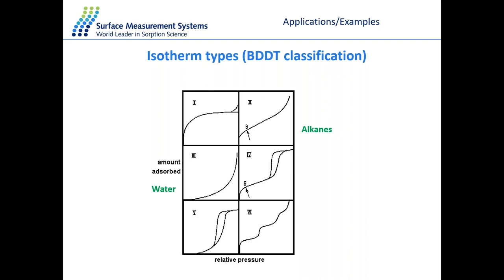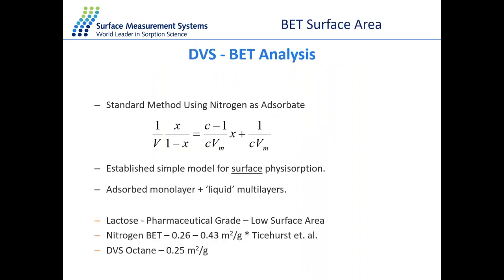So why are we obsessed with this linearity? The reason is that the way we calculate surface area is by calculating the volume of the monolayer of molecules that absorb on the surface of our sample.